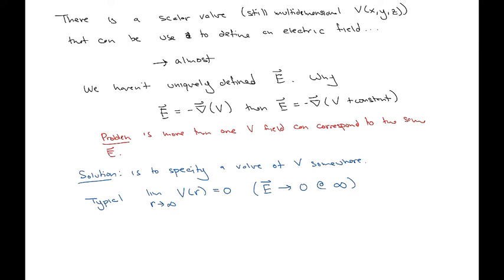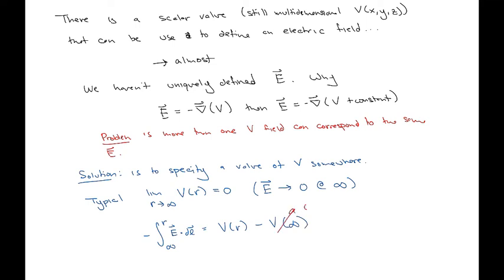So if this is true, then we can write something like this. If I take the integral of the electric field from r to infinity, that's going to be equal to the potential at that position r minus the potential at infinity.